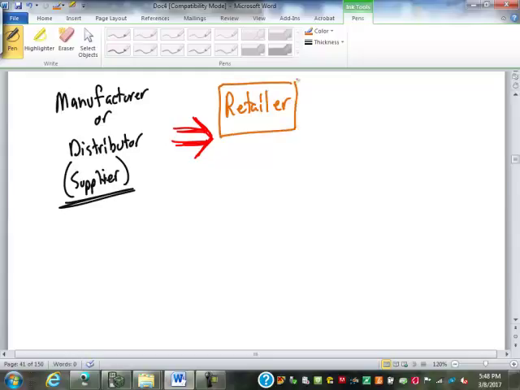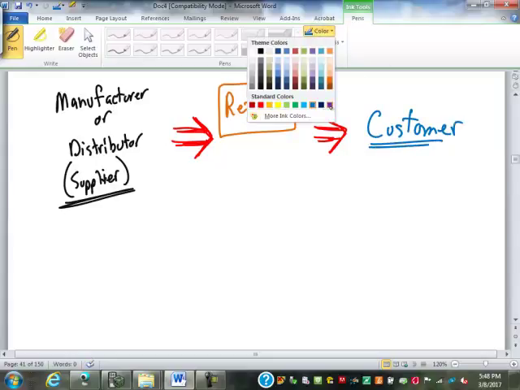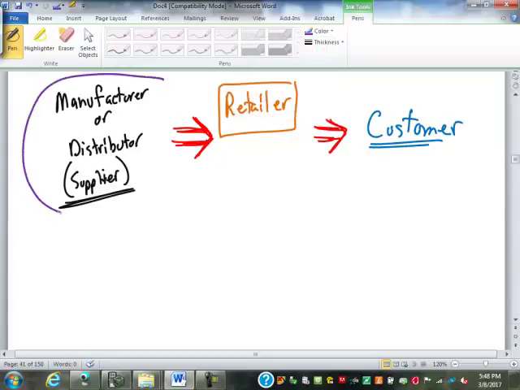The retailer does not actually produce anything. They're just taking the goods from that manufacturer and taking them to the customer. So the retailer is the link to the final customer. This week, we are going to look at this relationship here, from the manufacturer or distributor to that retailer.